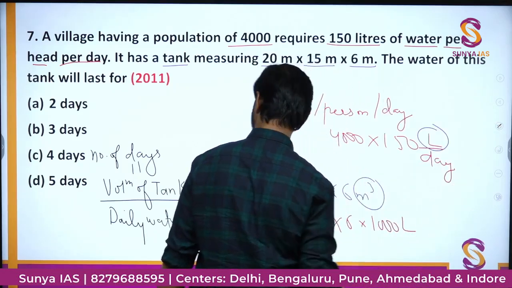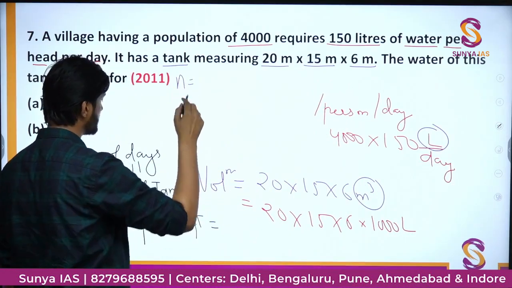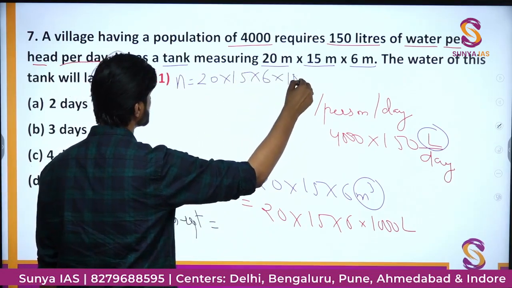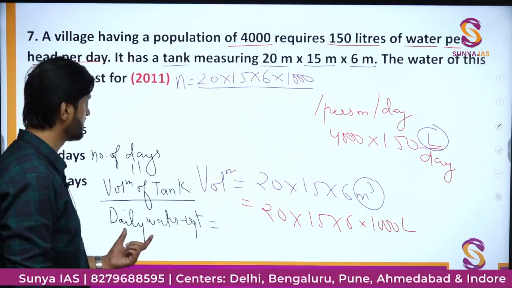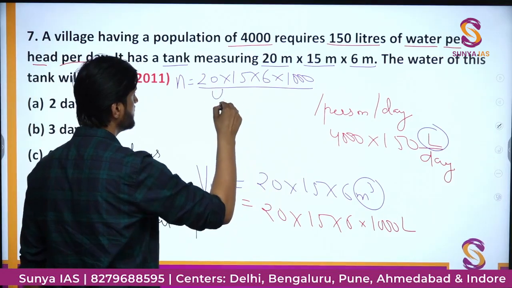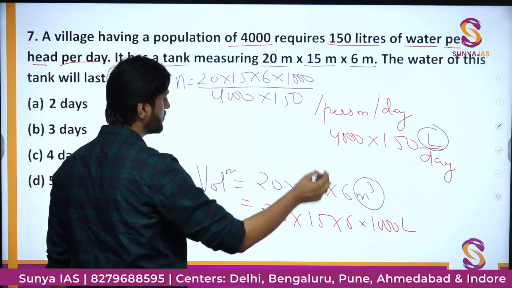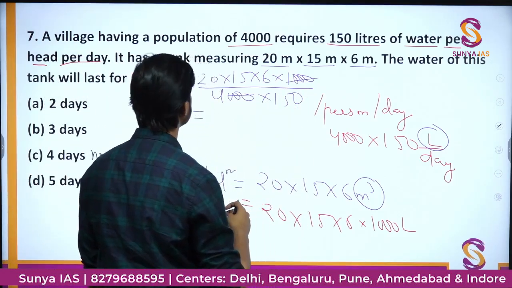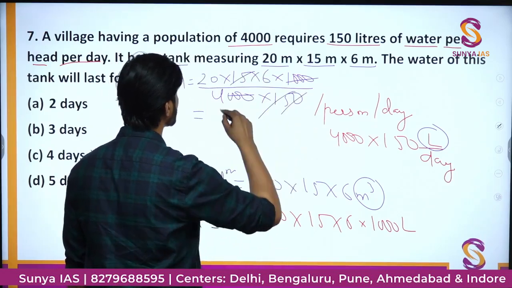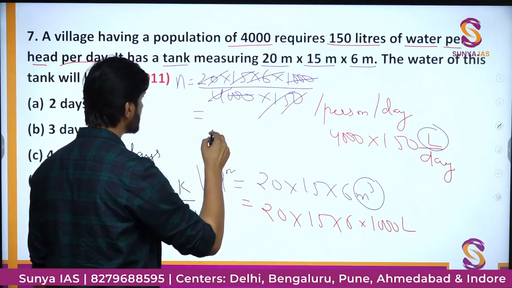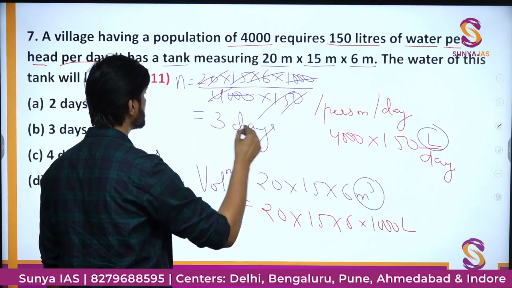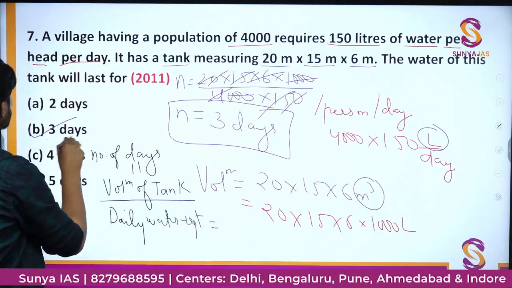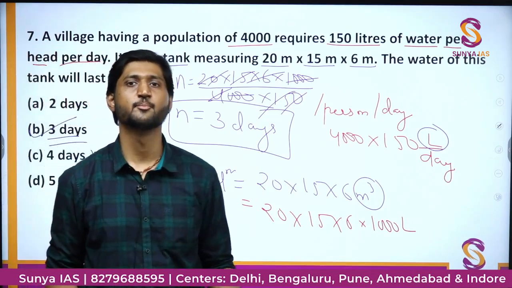So we had the number of days as equal to the volume of the tank, which is 20 into 15 into 6 into 1000, divided by the daily water requirement, that is 4000 into 150. Both of them are in liters. After all cancellation, we can cancel out this 1000 with this 1000. Then further we can cancel out this from this. A 0 can be cancelled out this way. Overall, when all the cancellation occurs, you will get the total number of days as 3 days. Okay. So the correct option will be option number B, that is 3 days in this particular case.